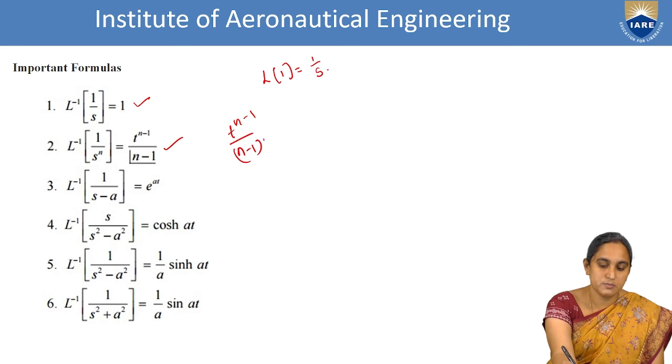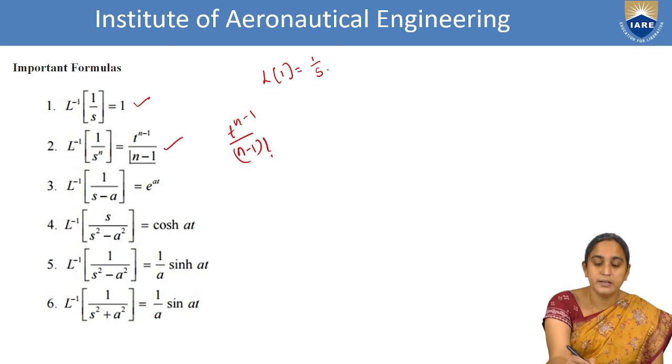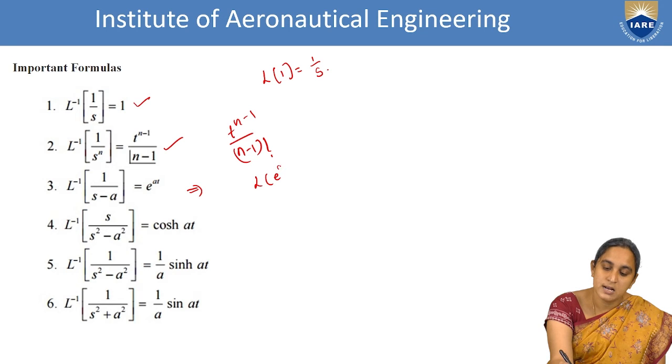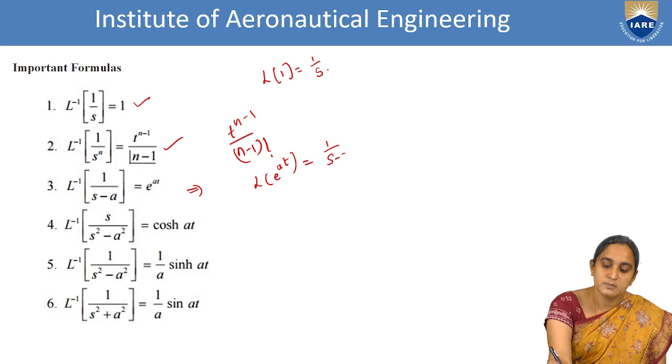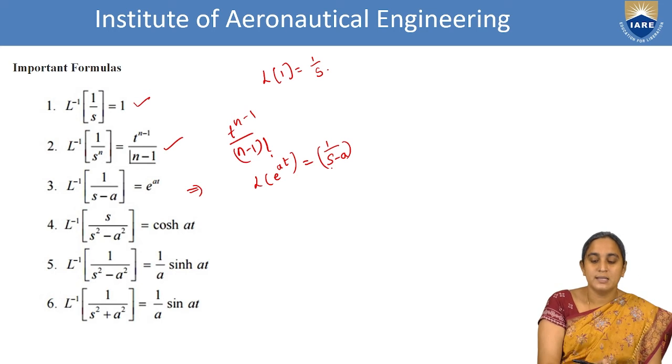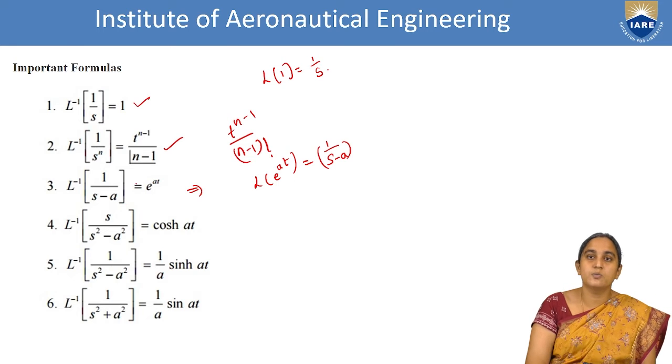And the third formula: Laplace inverse of 1 by s minus a is equal to e power at. Already we know this same formula in the Laplace transform, Laplace of e power at is equal to 1 by s minus a. This is the converse.